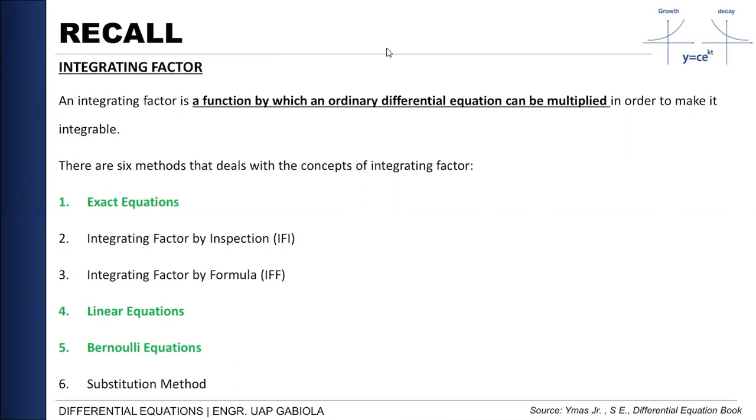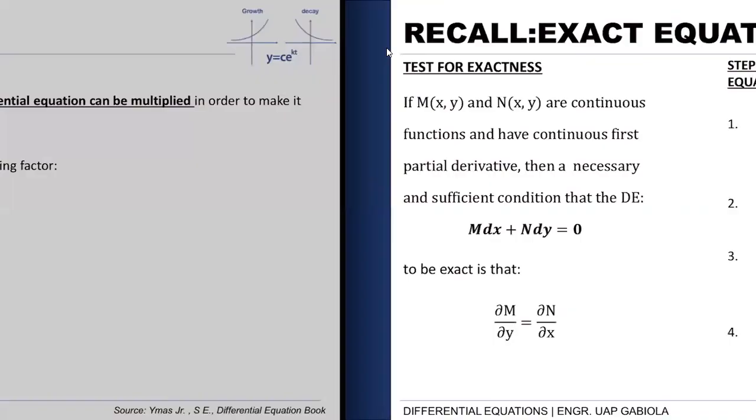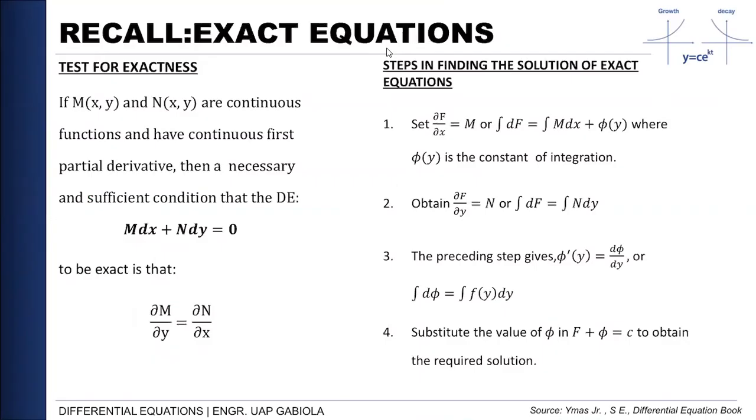So we have the exact equation. To recall, we test for exactness by identifying the function M in terms of x and y and N in terms of x and y. Then we get the partial derivative of M with respect to y and the partial derivative of N with respect to x.